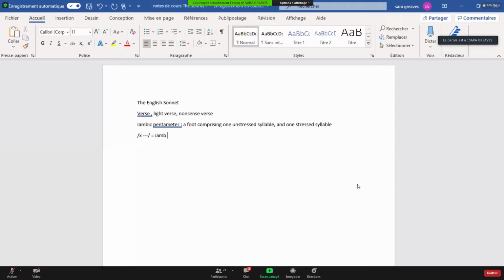And what are the other main feet then that we use in English prosody? Can anybody remember? What's this one? When it's the reverse, an iamb backwards. Anybody remember? An iamb backwards is a trochee, right?